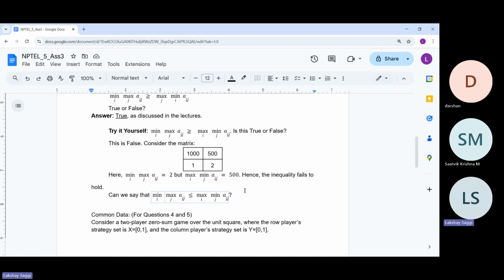The min over i, max over j a_ij is less than or equal to max over i, min over j a_ij. Just think about it for a minute or two. We know that this inequality is definitely incorrect, but does this mean that the other inequality is correct? What do you guys think?